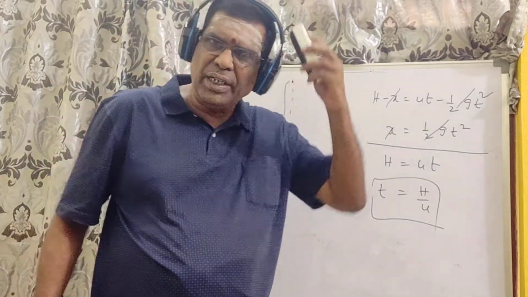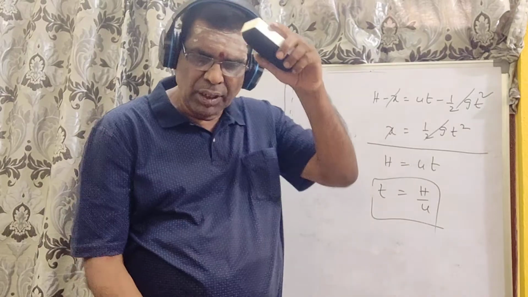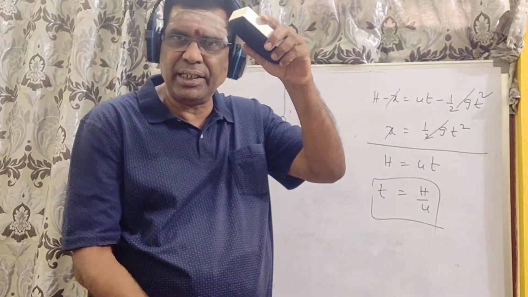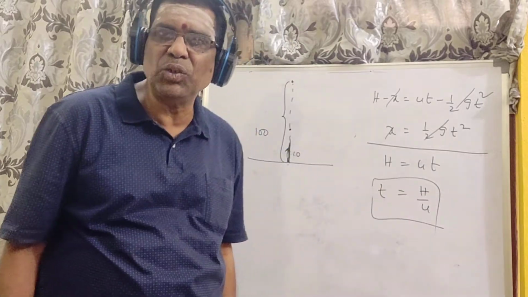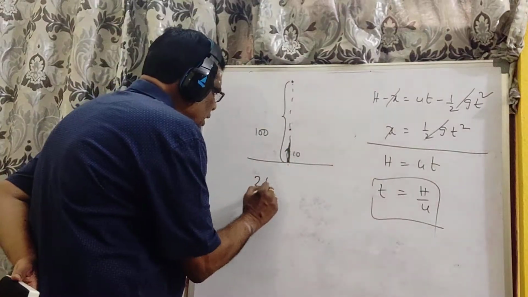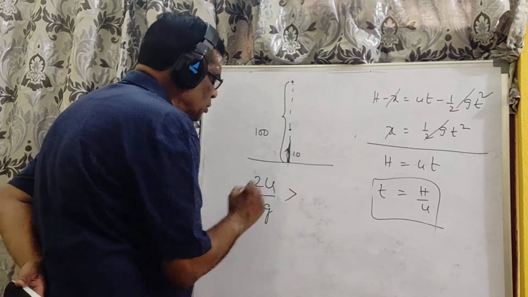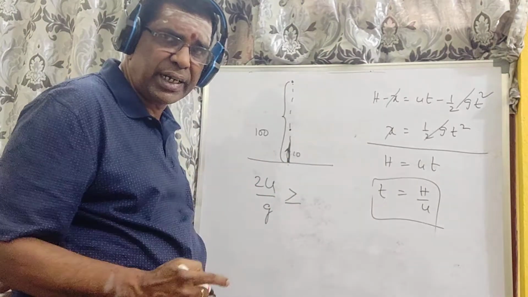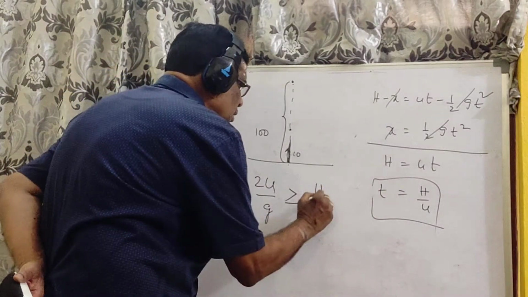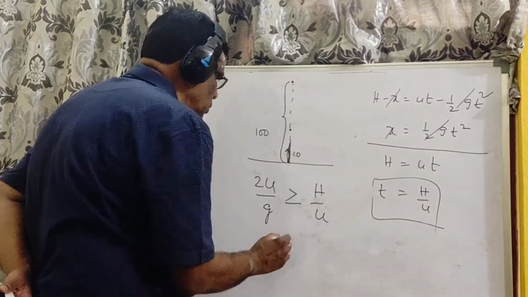So for the bodies to definitely meet, what is the condition? This time of flight here, this must be more than the time for them to meet. So the time of flight 2u by g must be greater than or just equal to, at the most, this is a border case, remember. And this is t equal to h by u.